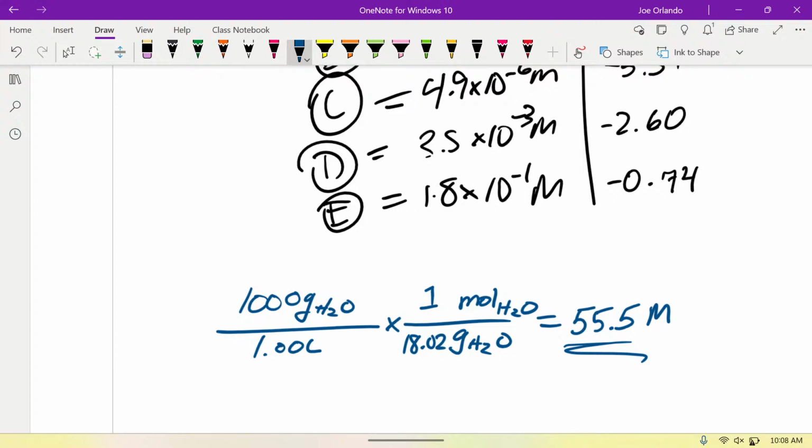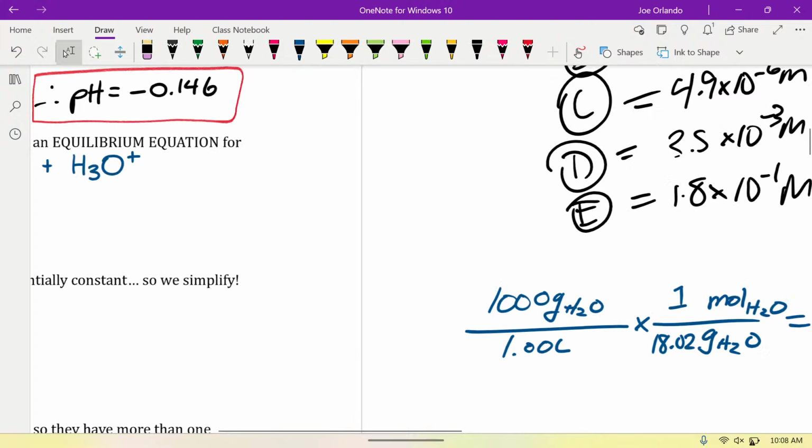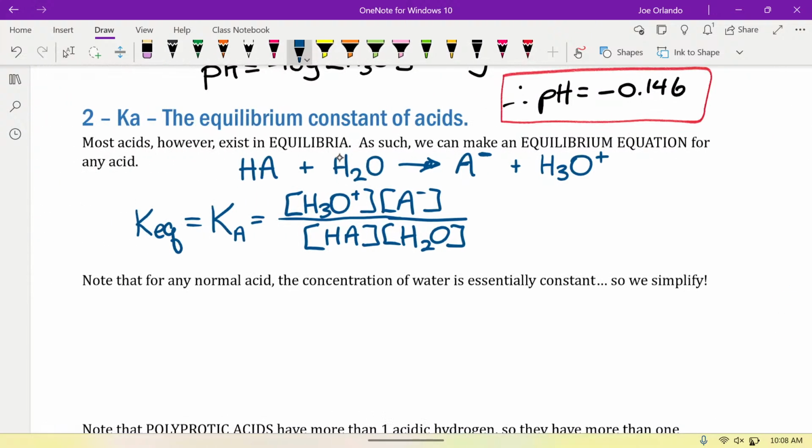But here's the thing. You could include that in this calculation. No reason you couldn't. But even though this reaction actually uses up some water, how much of the water typically do we use in an acid? Even in a really concentrated solution, we have a ton of water and just a little bit of acid or base, right, relative to it. Like even when we made really concentrated NaOH solutions, that might be 40 grams of NaOH in a whole liter of water.